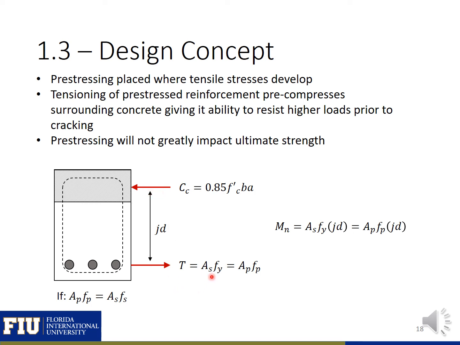So you can see if you have an equal tension component from your non-pre-stressed and pre-stressed steel, then you'll have an equal moment, just analyzing the capacity using a rectangular stress block approach. Again, generally, pre-stressing is not going to greatly impact the ultimate strength. We mainly use it for serviceability to prevent cracking and to limit our deflections.